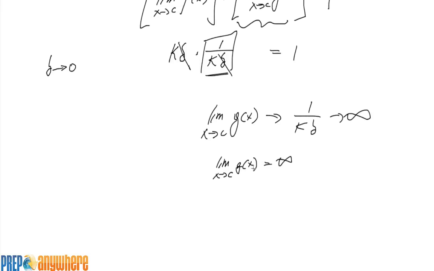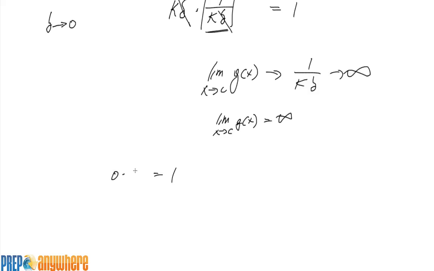This makes sense. Let's talk a little more loosely, because all these symbols might confuse you. If you have a number approaching 0, really small, and you want to make the product equal 1, there are a few scenarios.